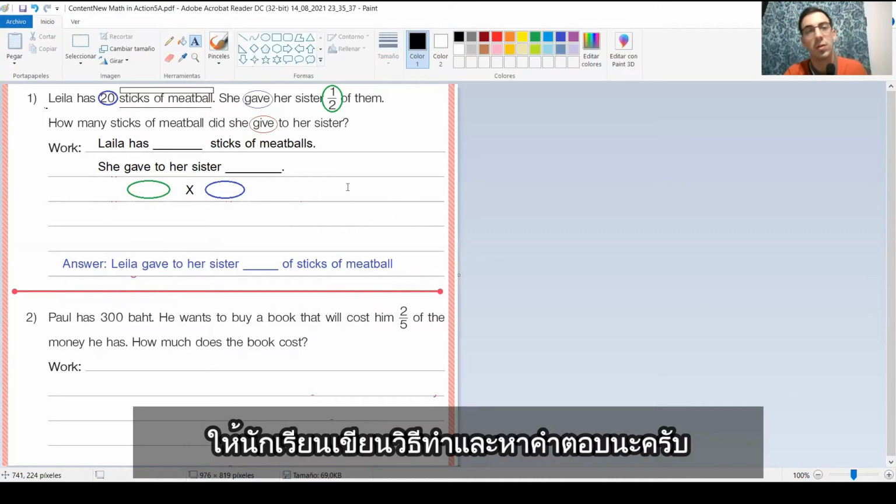Okay, so now you know what you should do. You have to fill the spaces, you have to do this operation and then fill the answer. Right? Yeah, I think it's pretty clear.